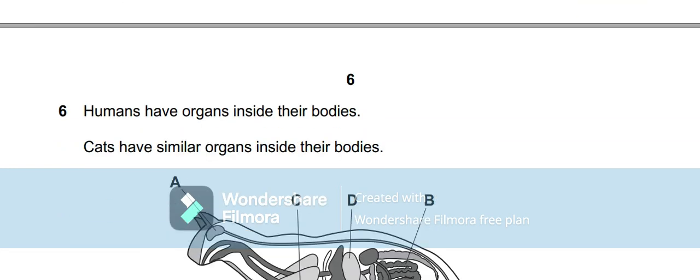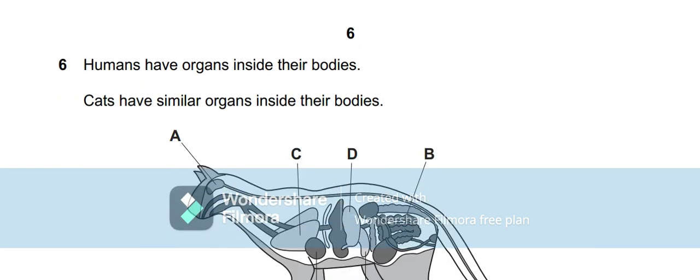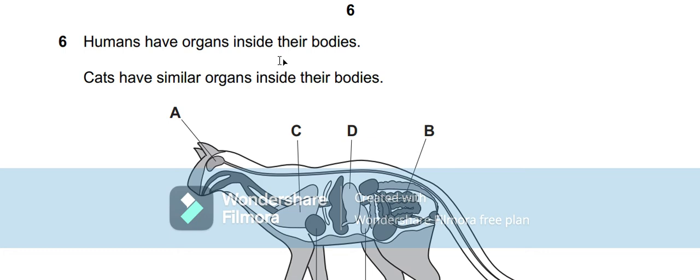Then the last one, but not least, is number 6 that we are doing here. It's about our body parts, right? Yes, it's about body parts. The question is saying humans have organs inside their bodies.